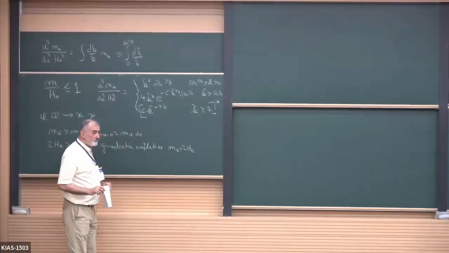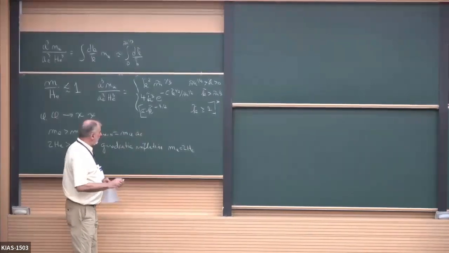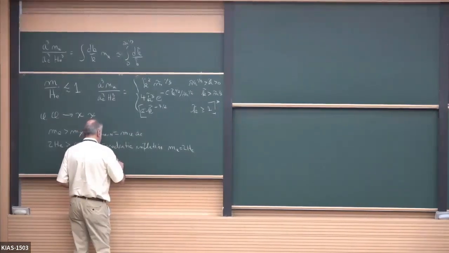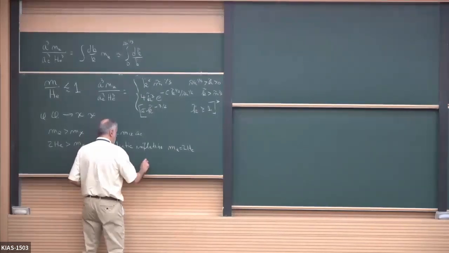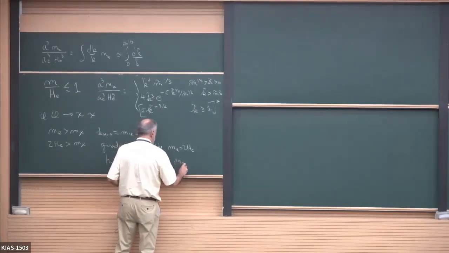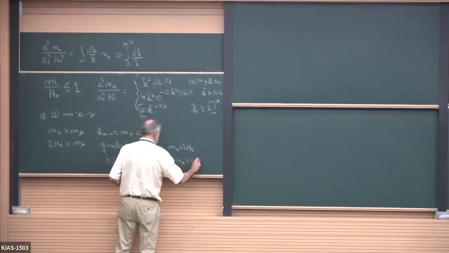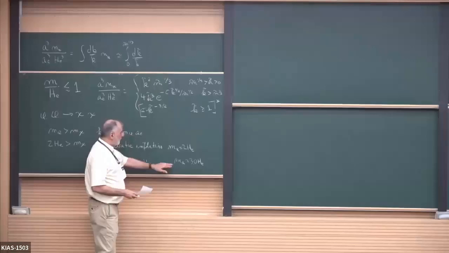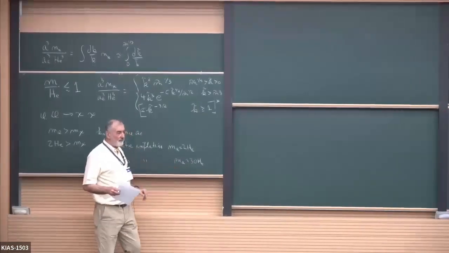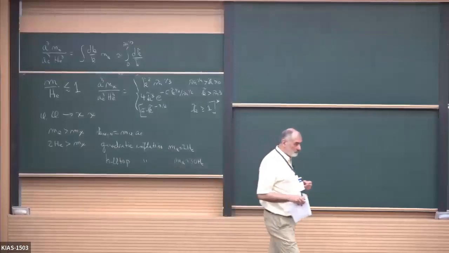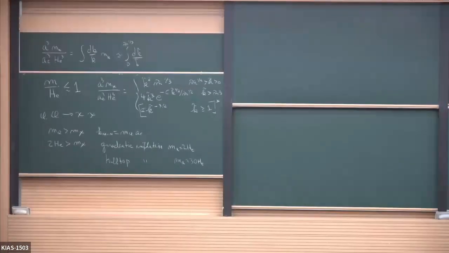Yes. Okay. Now for hilltop inflation, there can be a real sort of hierarchy between m phi and He. I see. Okay. So the end of inflation is calculated by a double dot equal to 0, and that involves the potential. Yeah. Thanks. Did that answer your question? Okay.